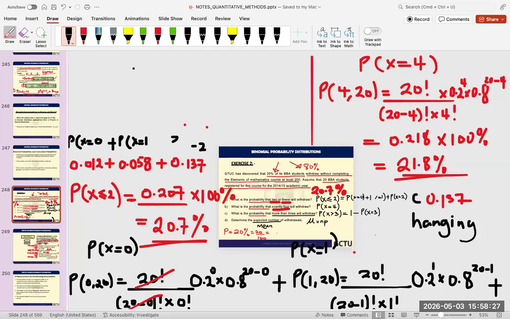Now, 20 factorial divided by 20 minus 4 factorial times 4 factorial. Now, which calculator are you using?